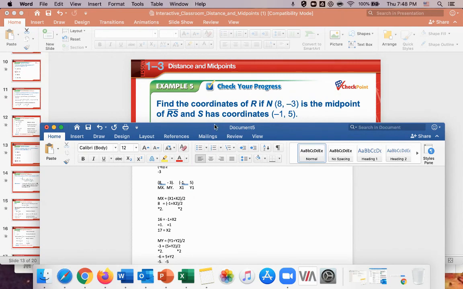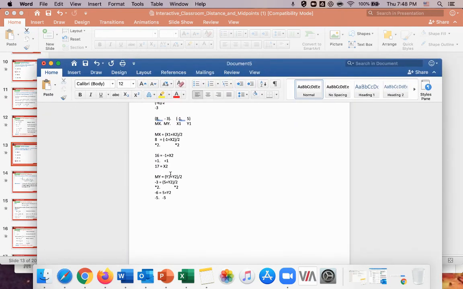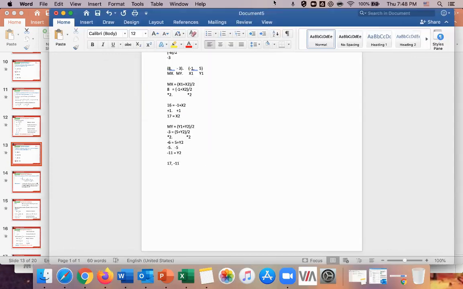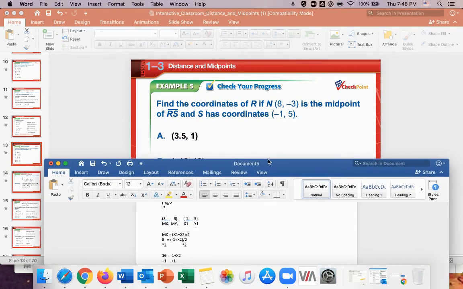Negative 6 minus 5 is going to be negative 11. 5 minus 5 is nothing, so you're going to be left with y2 is negative 11. So we've got 17, negative 11. Let's make sure that was the correct answer. Yeah, cool.